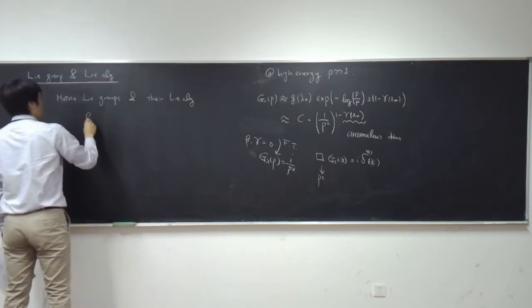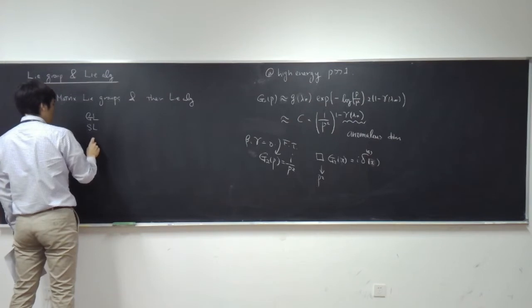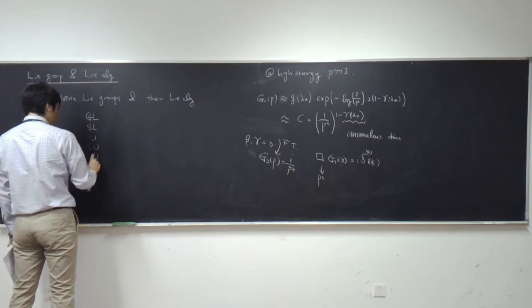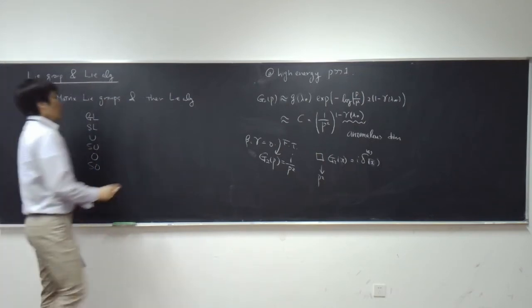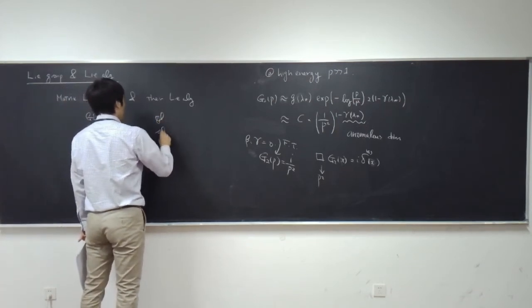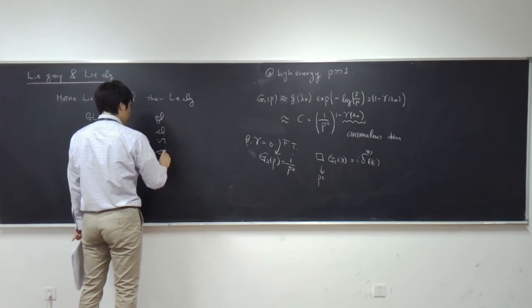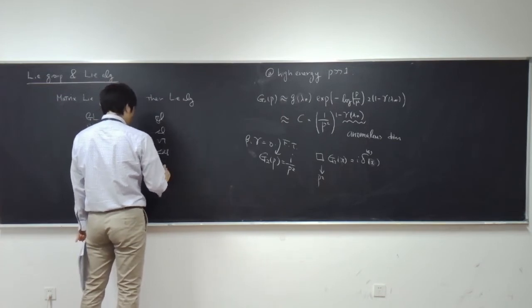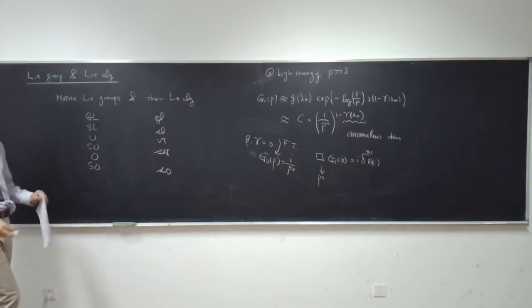Especially we introduced the general linear GL, SL, and also the unitary U, SU, and the orthogonal SO. That's what we introduced last time, with definitions.